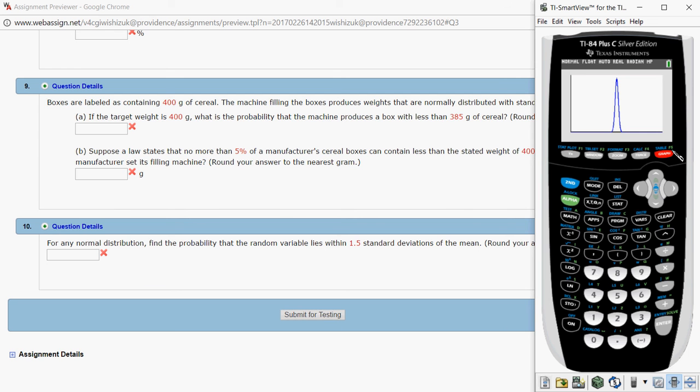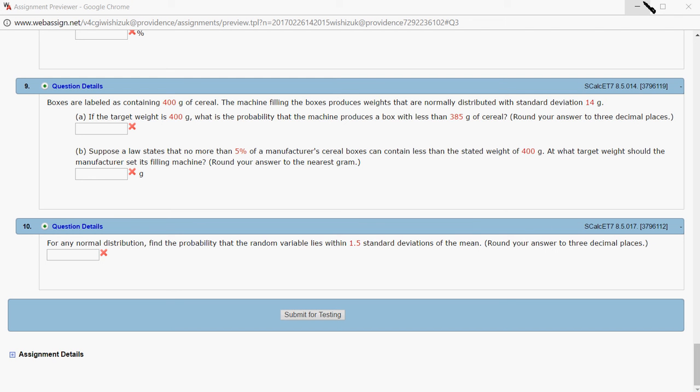Let's answer part A. If the target weight, the mean, is 400, what is the probability that the machine produces a box with less than 385 grams of cereal?